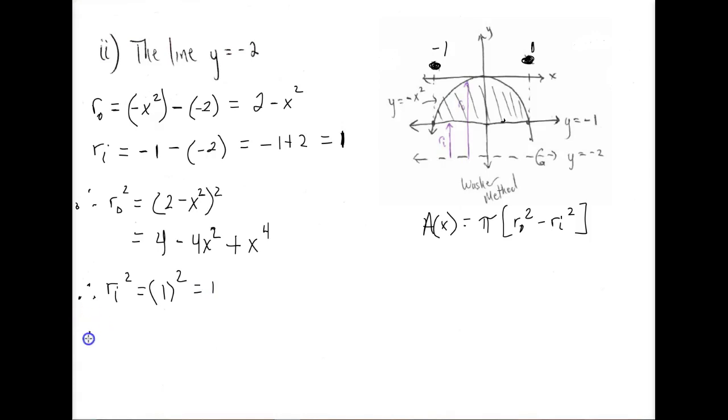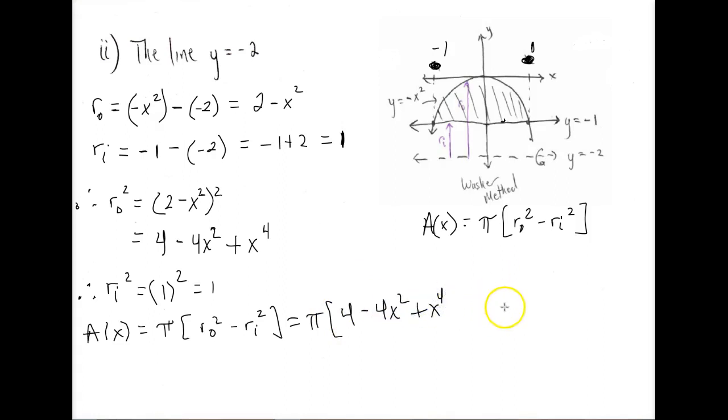And so thus, we know the area in terms of x is just pi times outer radius squared minus inner radius squared, which would just be pi times (4 minus 4x squared plus x to the 4th minus 1), which will end up being pi times (3 minus 4x squared plus x to the 4th).